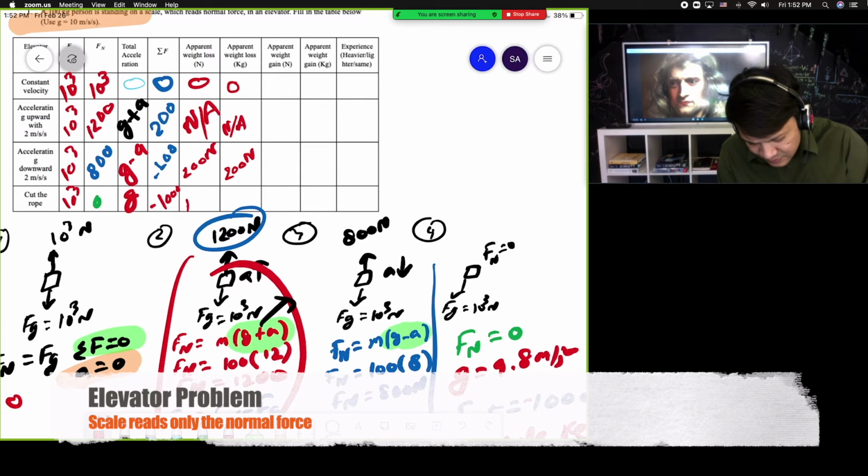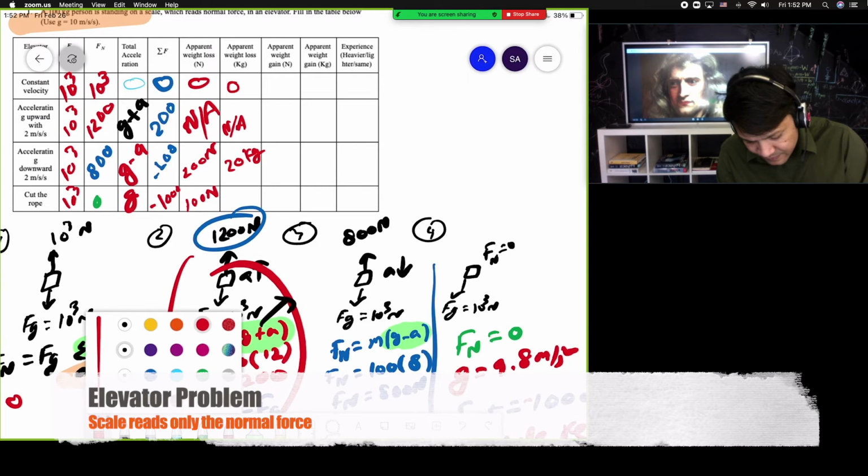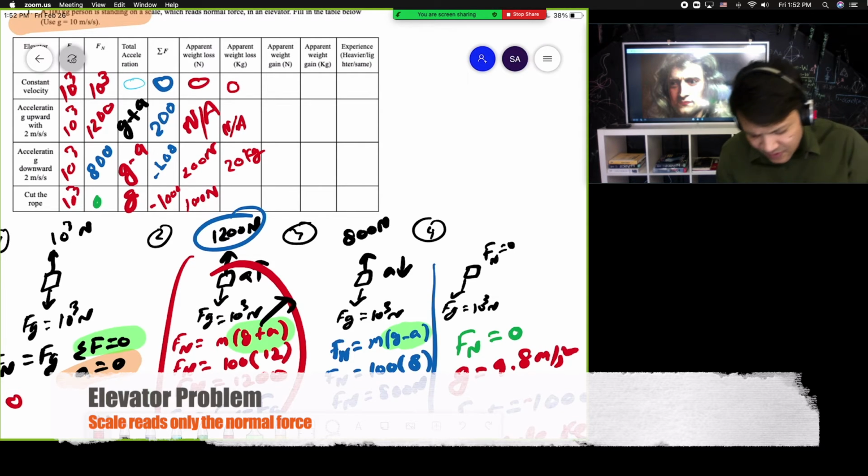Now we're going to write it in kilogram. 200 Newton is 20 kilogram. All right, 1000, oh my God, a 0 is missing, the space is so small. So it's 100 kilogram. Apparent weight loss is 100 kilogram.